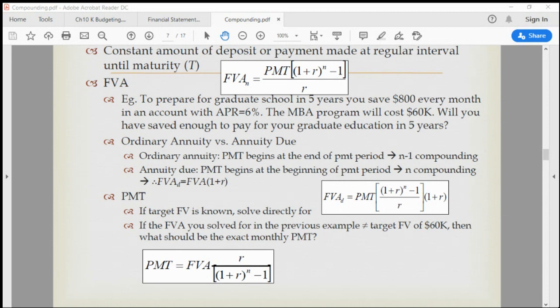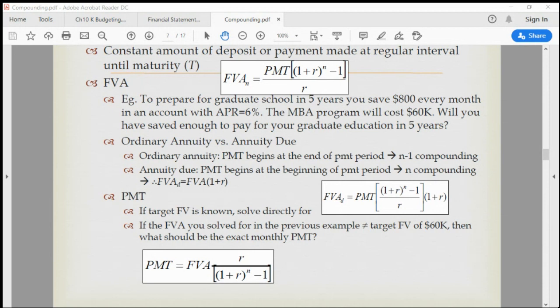Okay, so think about it. If you are saving through annuity, in the first month, you make an $800 deposit, and since your timeline is 5 years, there are 60 months, right? And then you make a deposit at the end of the first month, at the end of every month.